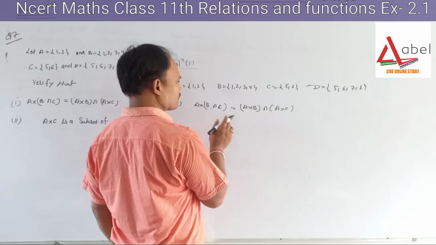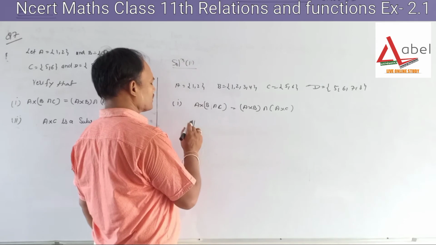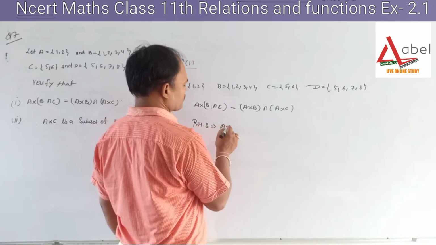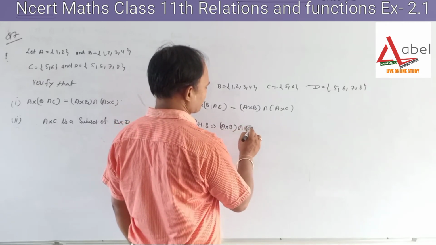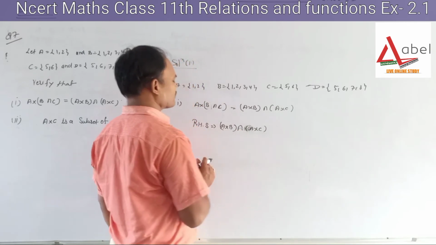We are going to solve the RHS first. RHS is (A cross B) intersection (A cross C).